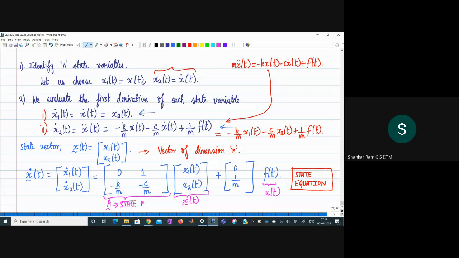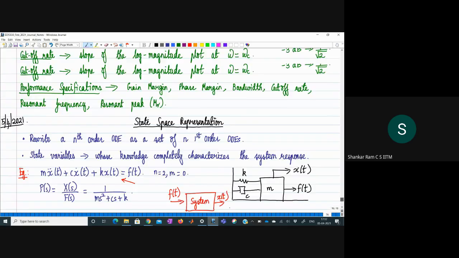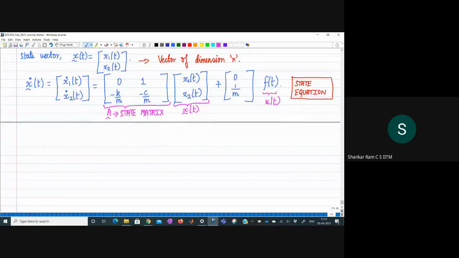Typically, matrices are indicated in uppercase boldface form. So here I am using an uppercase character A with a tilde underneath. That is what is called a state matrix. In general, it is an n by n matrix. In this example, it's a 2 by 2 matrix.